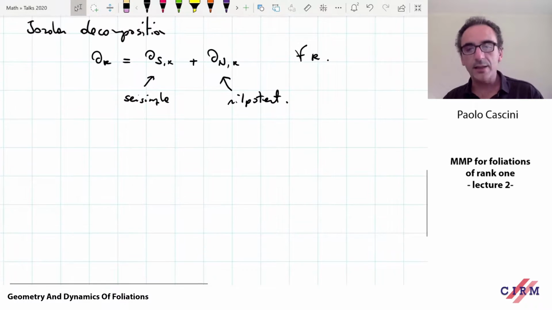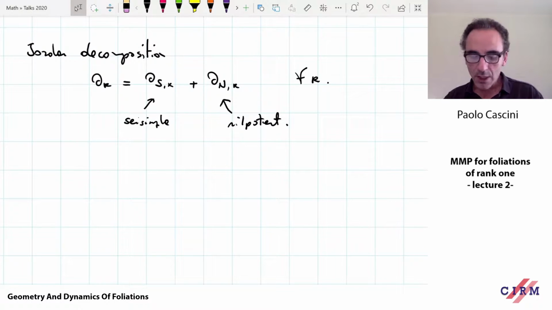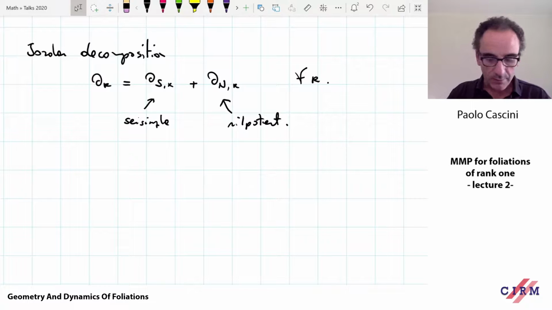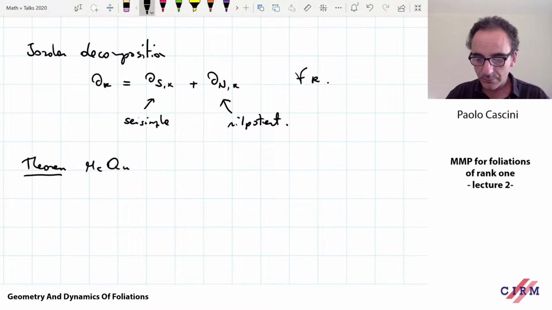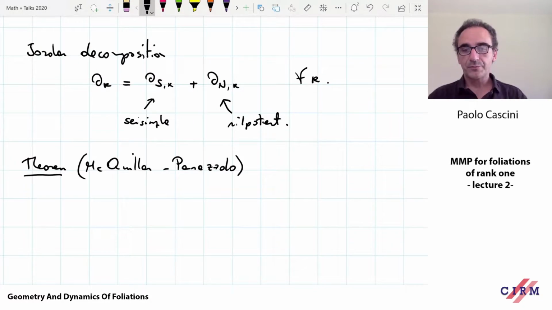So let's see why this way of writing is useful. Well, because thanks to a theorem by McQuillan and Panazzolo, we can characterize singularities of the foliation by using simple tools of linear algebra.